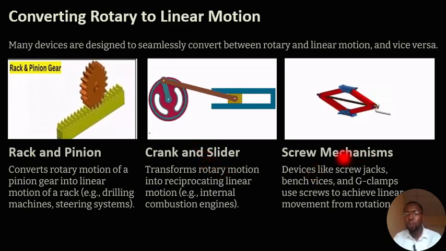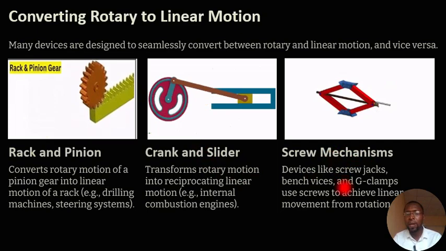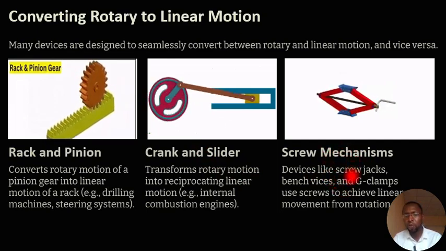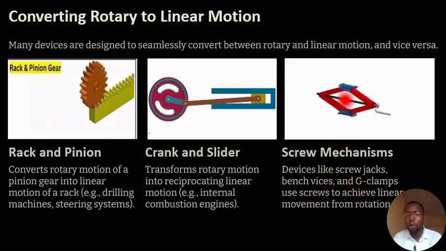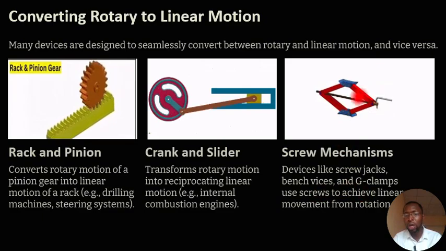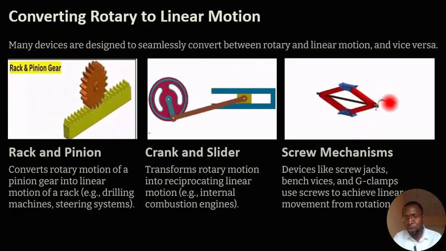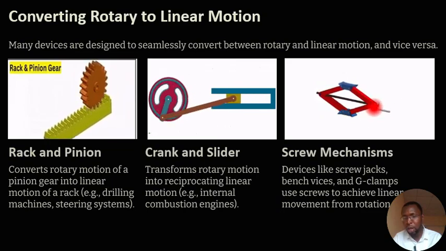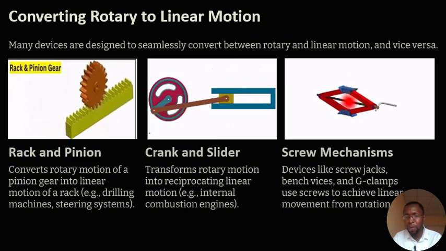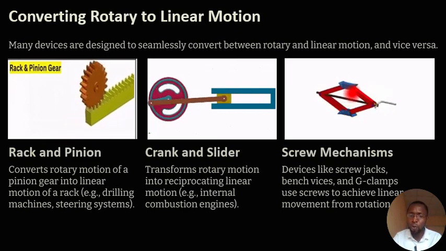And lastly, the screw mechanism. There are so many devices that make use of this mechanism: the screw jack, the bench vices, even the G-clamp. But look at the typical diagram of it. This is a screw jack. As this handle is being rotated, it's increasing the size of the screw upward.